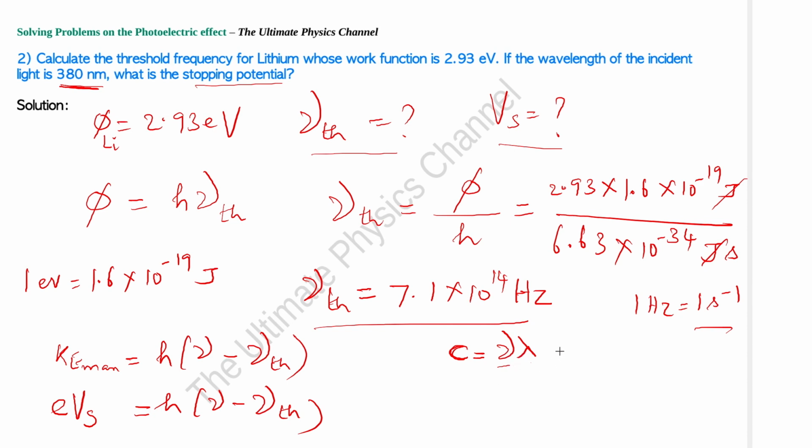Using this, for the wavelength, we can calculate the corresponding frequency as nu is equal to c over lambda. That is 3 times 10 power 8 meters per second, the speed of light, over the lambda, which is 380 nanometers, so 380 times 10 power minus 9 meters.